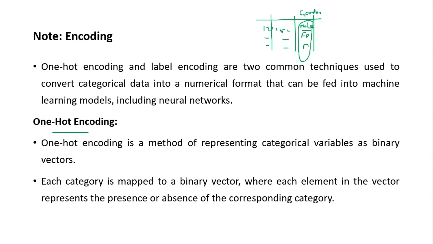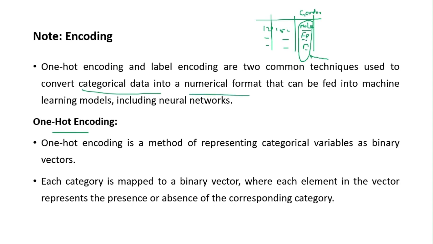We cannot give it directly. Some algorithms take it directly, but mainly we need to convert. Usually, we need to convert this categorical data. Category means female and male category. So usually we will come across a situation in which we need to convert categorical data into numerical format.